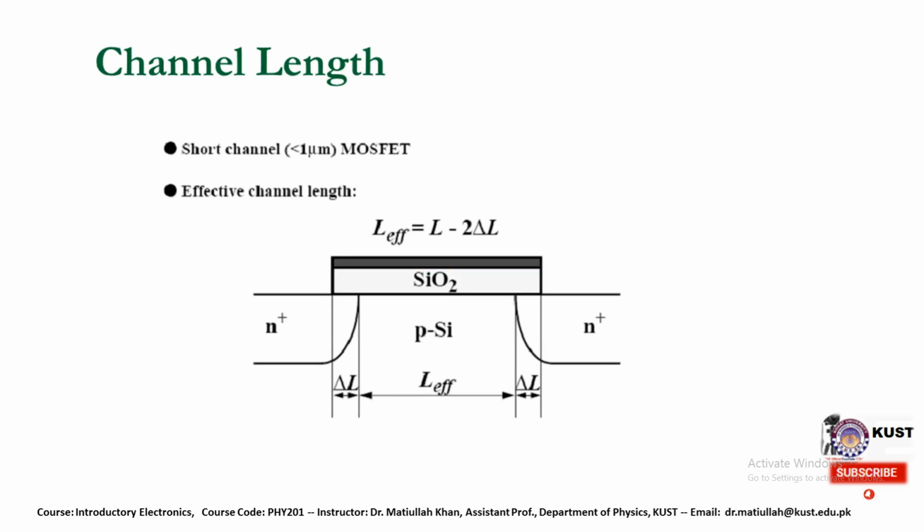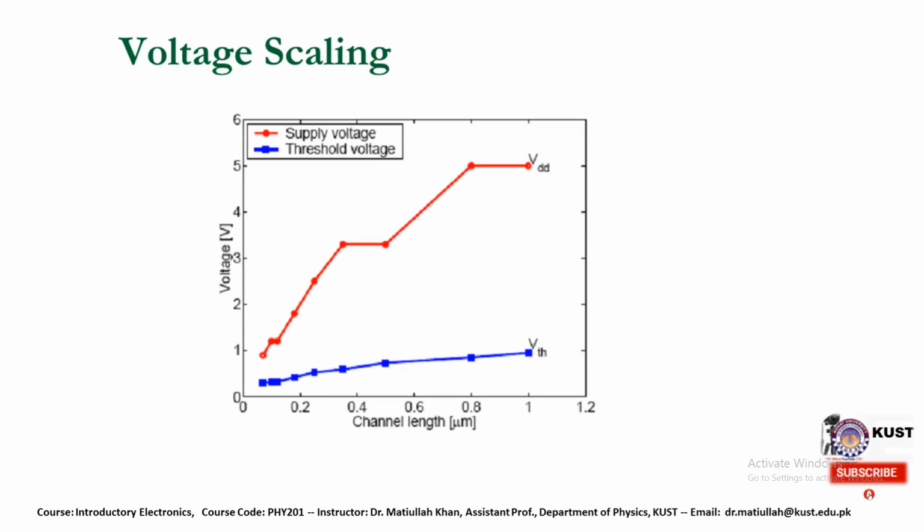The channel length we can change, and this could be changed with the help of the drain gate voltage, but physically in this case it is made from SiO2, and that is the short channel, which is less in size. If you look toward that, it is less than 1 micrometer, and it is the effective channel length that is used for the motion of carriers between the source and the gate.